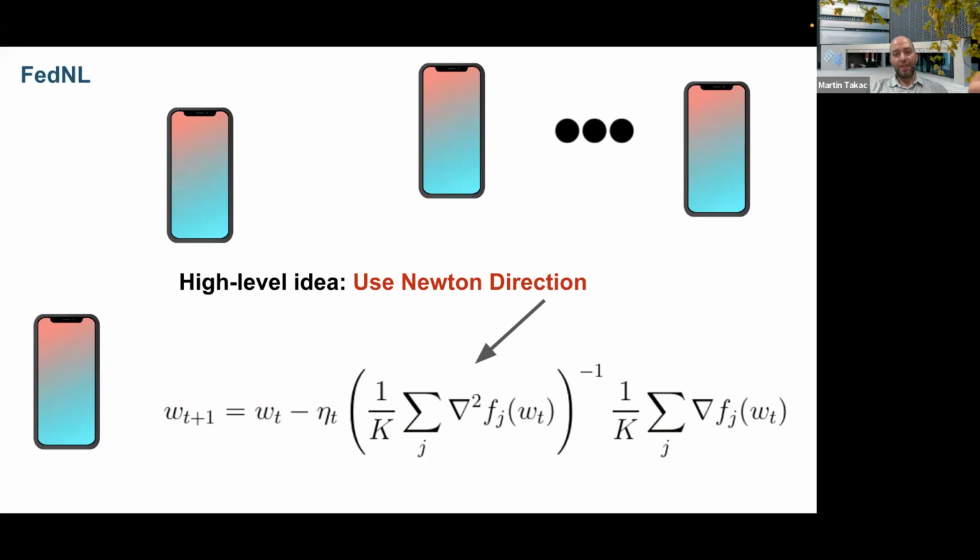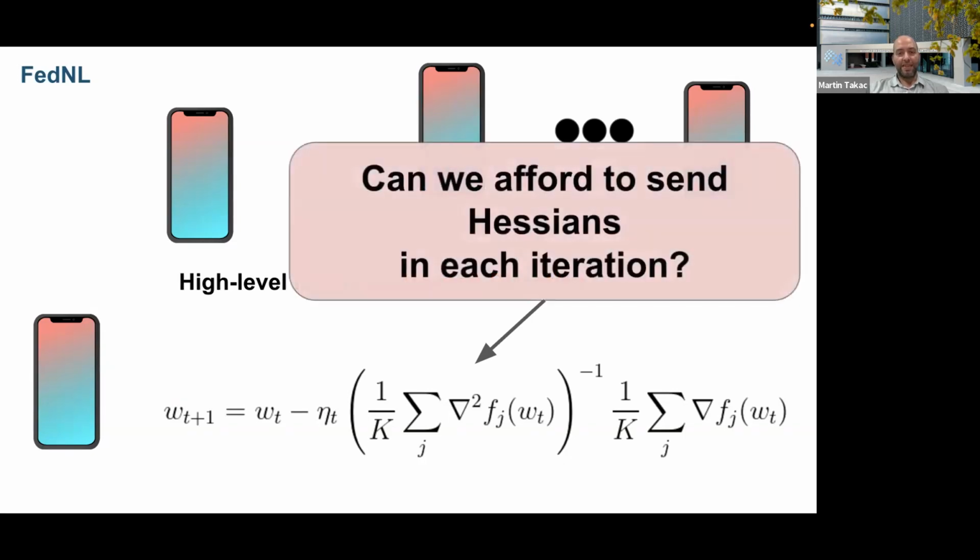But we discussed this is so expensive to do because sending Hessians is impossible. For example, when your model size is just 50,000, the size of the Hessian can be almost like, I don't know, 8 gigabytes. So this is super, super large, right?